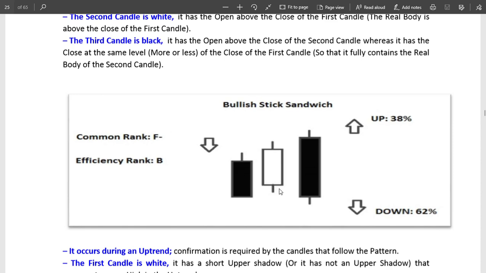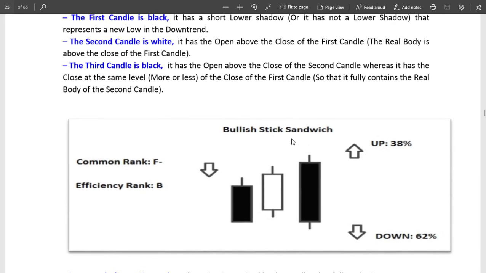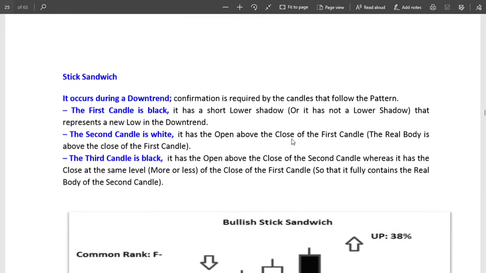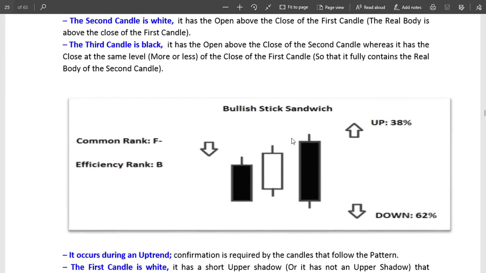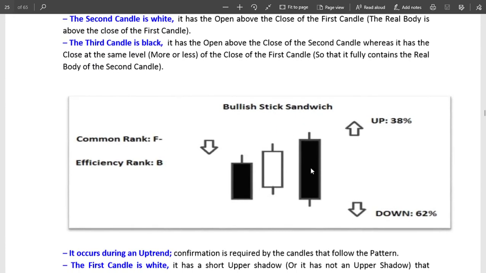This candle opens above the low of this other candle and closes above it, but then after it closes there, you have a very big red candle.